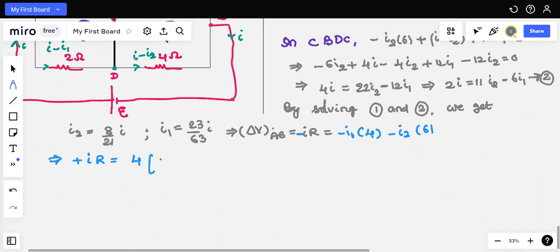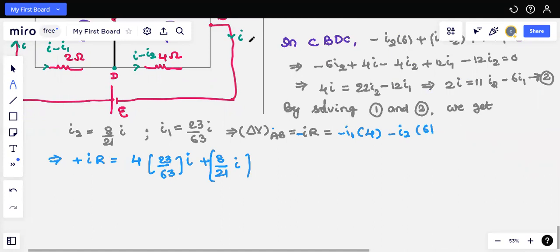I1 is 23 by 63 times I, plus I2, I2 is 8 by 21 times I, into R which is 6.